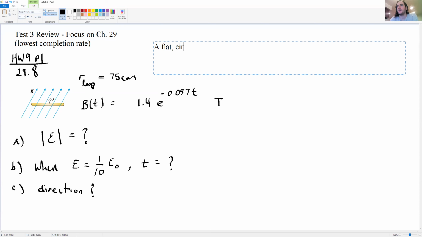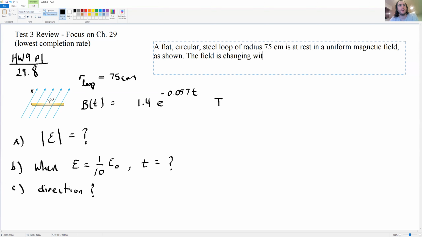A flat circular steel loop of radius 75 centimeters is at rest in a uniform magnetic field as shown. The field is changing with time according to B of t, which I've already written down below.